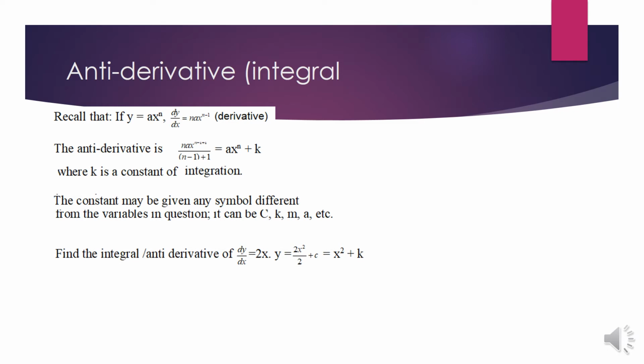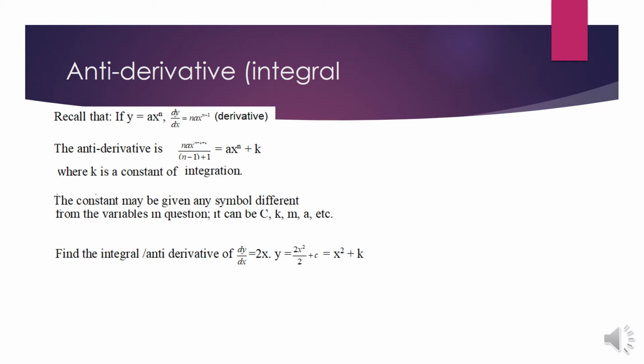Find the integral or antiderivative of dy/dx equals 2x. Now y equals 2x squared, so 2x to power 1. Now when we are finding the integral, we add 1 to the power, i.e. we step up the power by 1, then we divide by that new power.